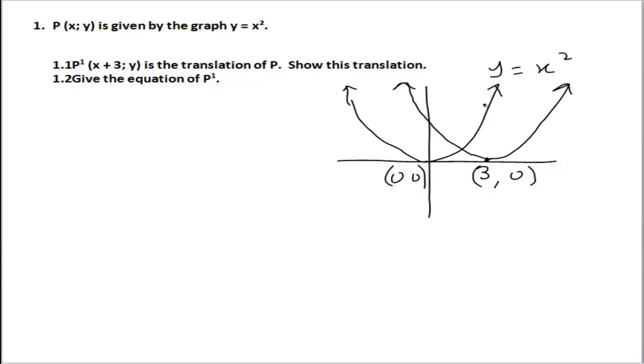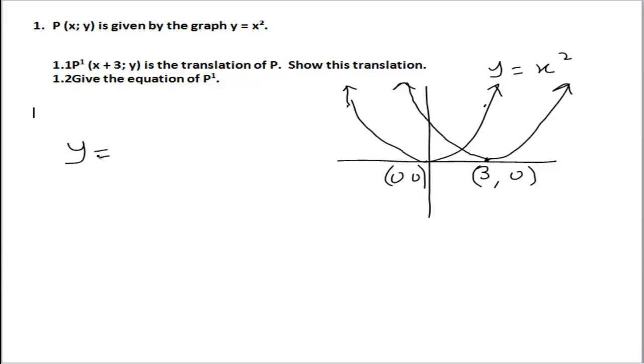And then on the other side, I've got minus 3, 9 as well, which is quite interesting. And now, how do we get this equation? Many of you have seen that if we do an ordinary substitution, you're going to have problems. So there is your translation, I've shown it.